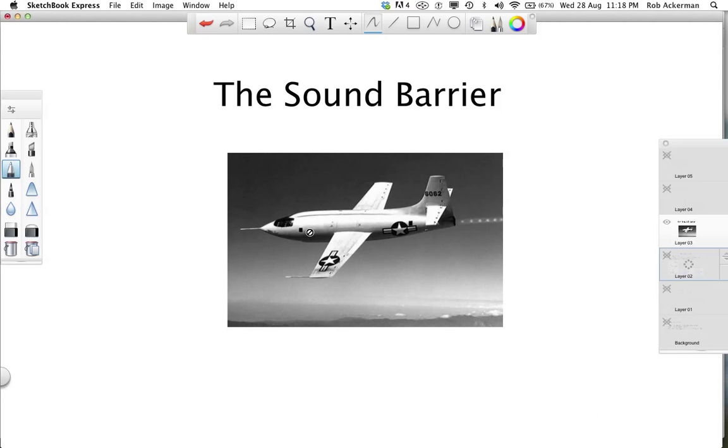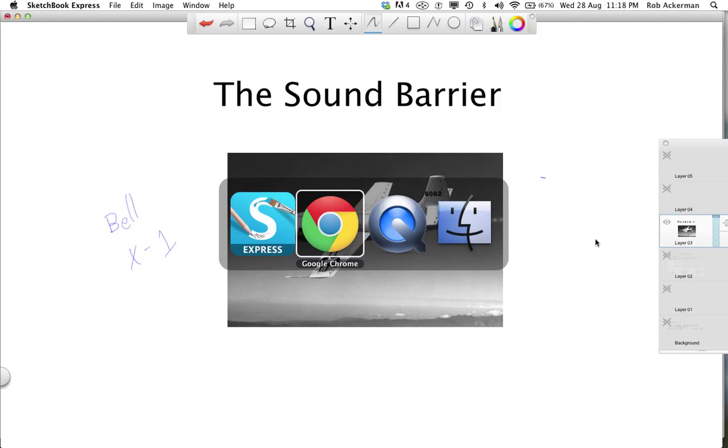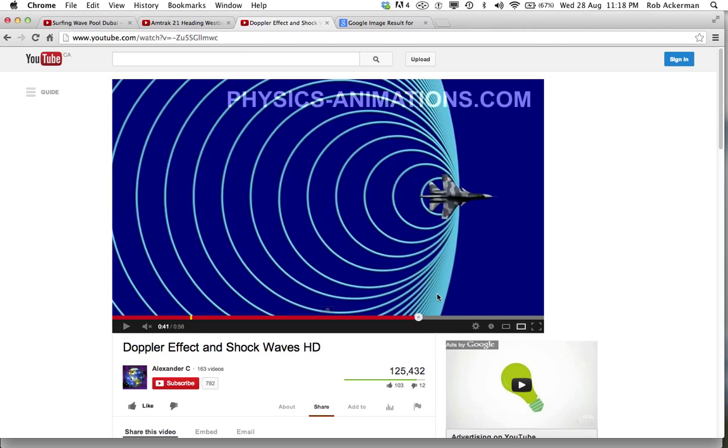Here's a picture of it. It's actually in the shape of a bullet, and it's powered by a rocket. It wasn't until this airplane was produced that people were actually able to travel fast enough to punch through that bunching up of waves that you see here.